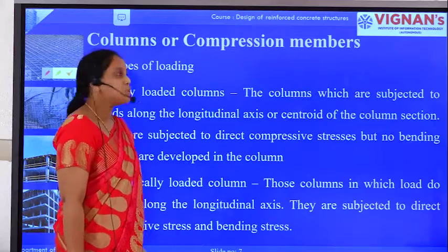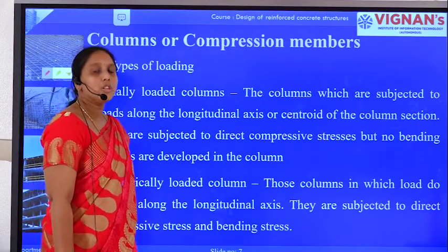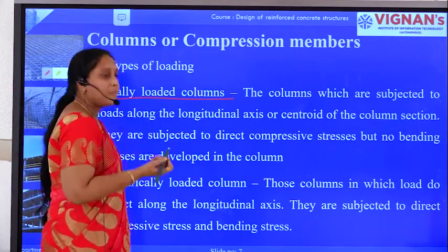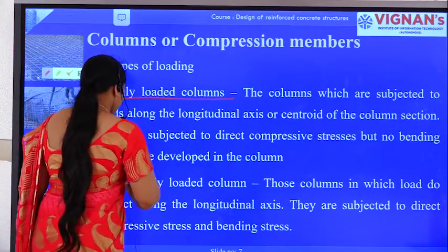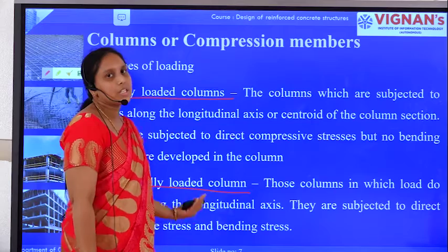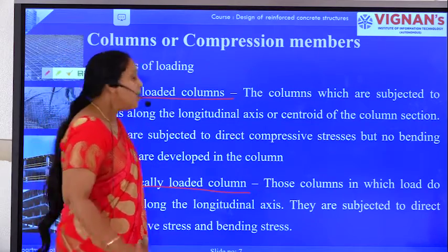Now the types of columns based on the loading. Based on the loading, we have axially loaded columns and eccentrically loaded columns. Now we will see what an axially loaded column and an eccentrically loaded column are.